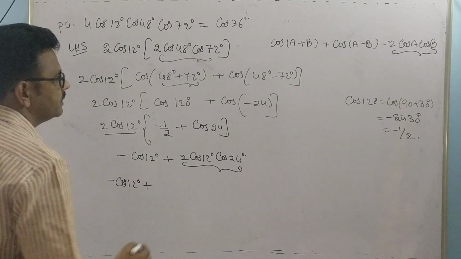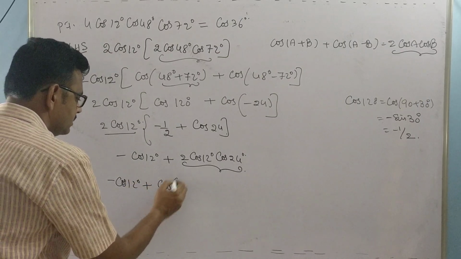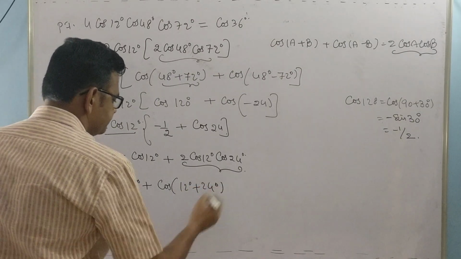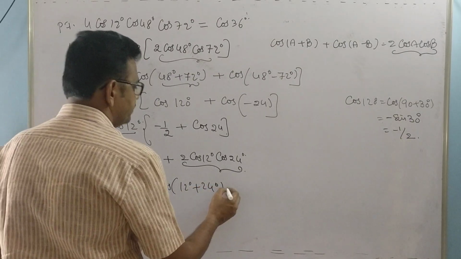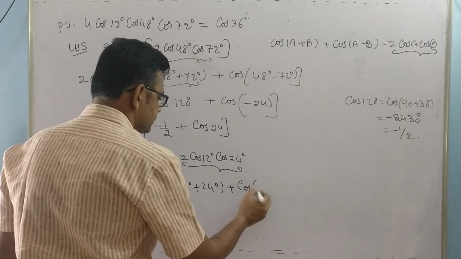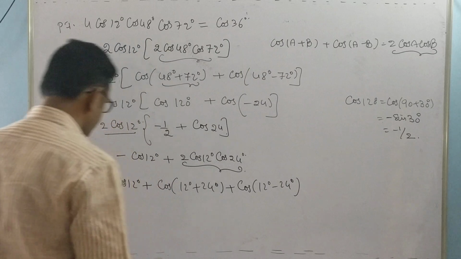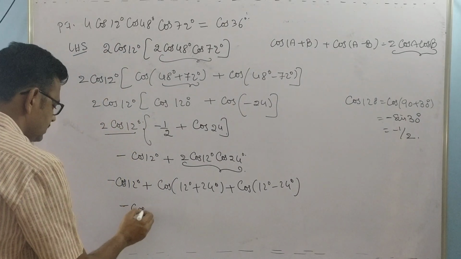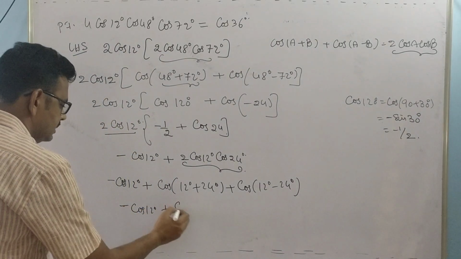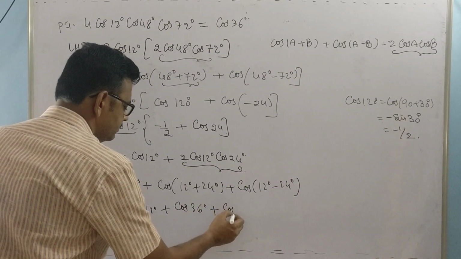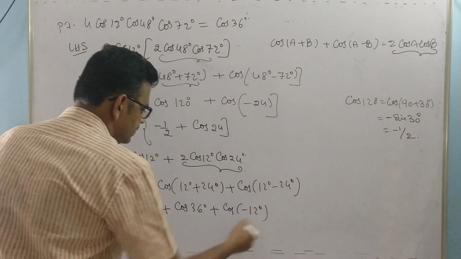plus cos of A plus B, so this is cos of 12 degrees plus 24 degrees, plus cos of A minus B, 12 degrees minus 24 degrees. So this is minus cos 12 degrees plus cos 36 degrees plus cos of minus 12 degrees.